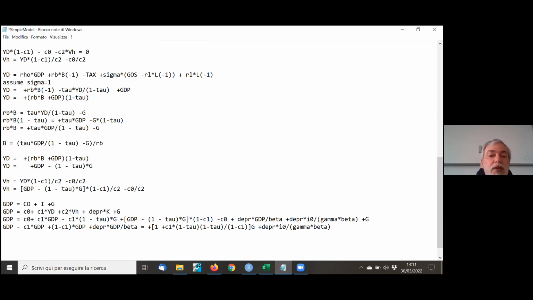And I don't think this is going to simplify, because this is 1 minus C1 plus C1.